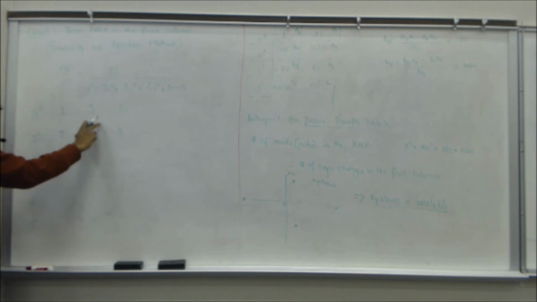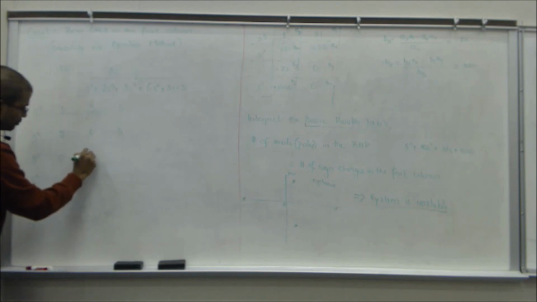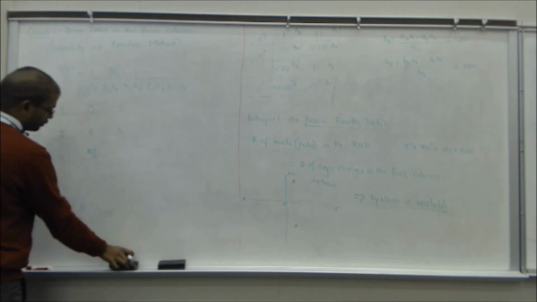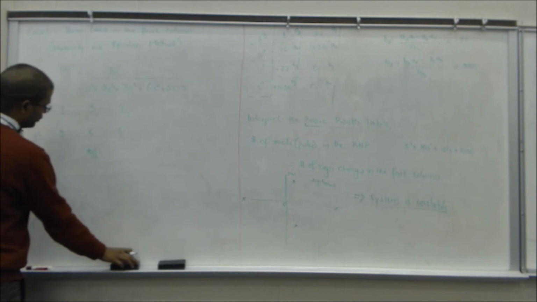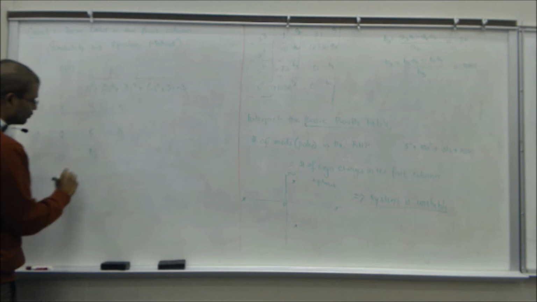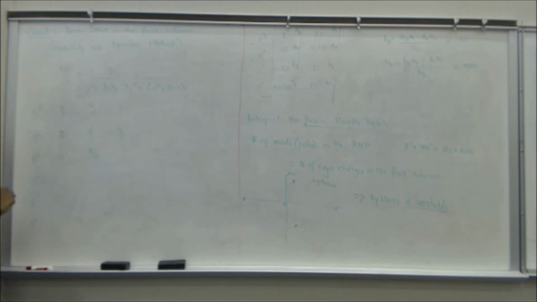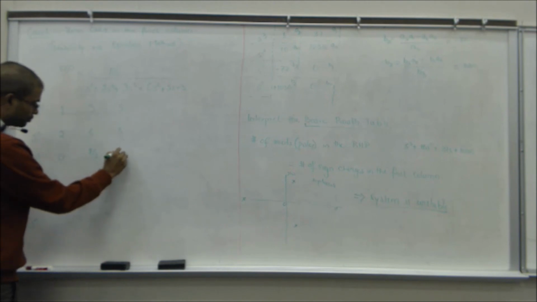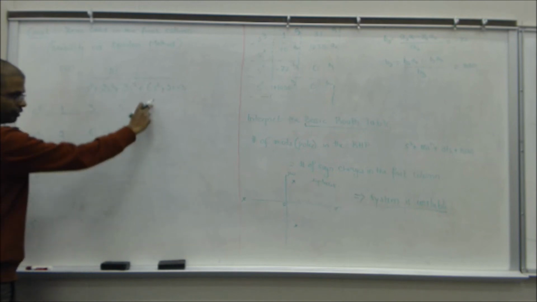So 6 fives are 30, minus 9 is 21, over 6, or 7 over 2. Let's keep it like this: 7 over 2. And this would be 0, because you don't have anything over here.